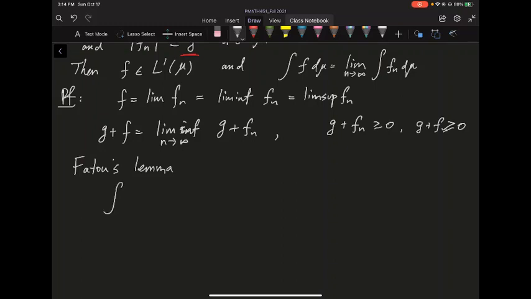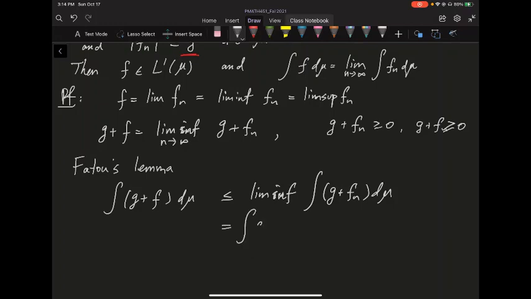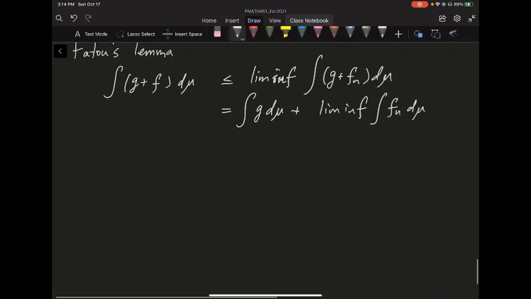Fatou says the integral of your lim inf, or in this case just the limit, is less than or equal to the lim inf of the integral of g plus Fn d mu. Of course, g is constant, so you just move it out, and here you have a lim inf of the integral of Fn d mu. You can also do it the other way.